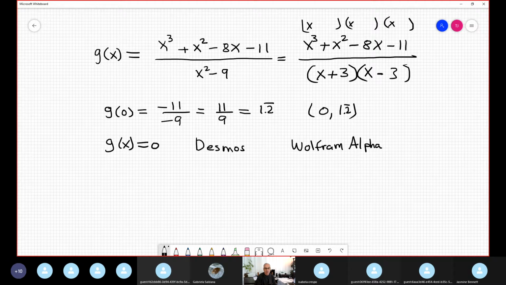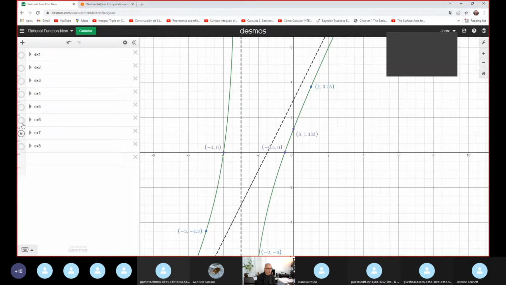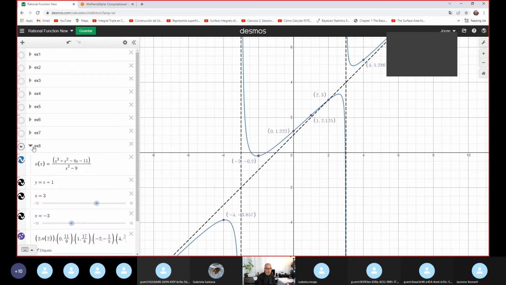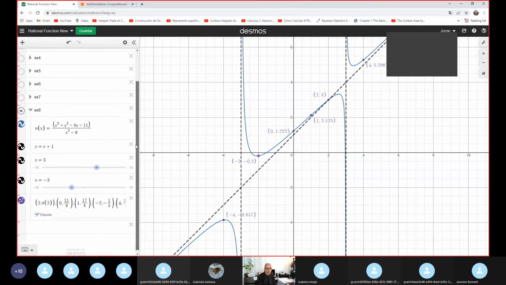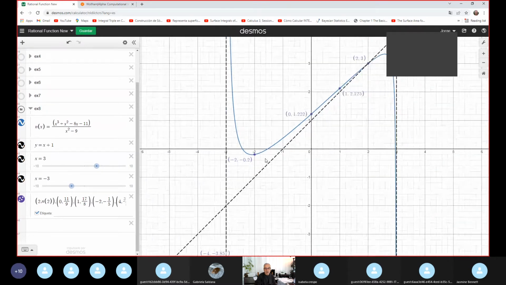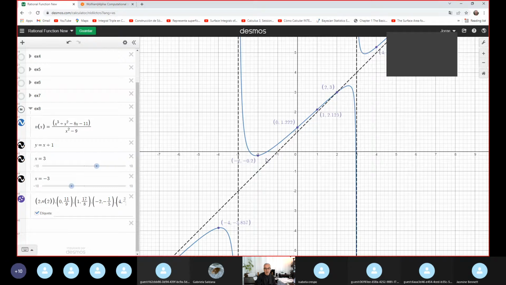Here, over there. Okay, this is the previous example, and now this is the new one. You see here, look. Okay, this is my curve, blue color.